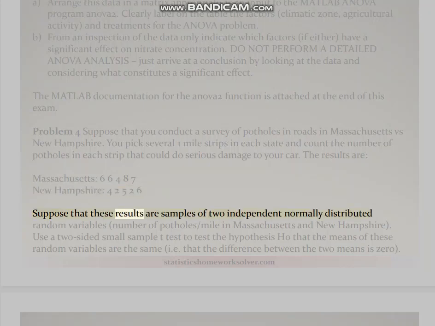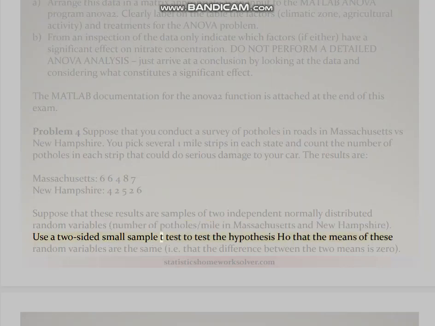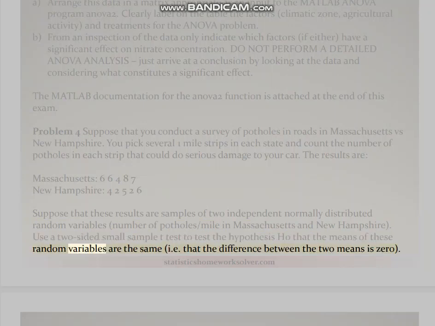Suppose that these results are samples of 2 independent normally distributed random variables, number of potholes per mile in Massachusetts and New Hampshire. Use a 2-sided small sample t-test to test the hypothesis H0 that the means of these random variables are the same, i.e. that the difference between the 2 means is 0.